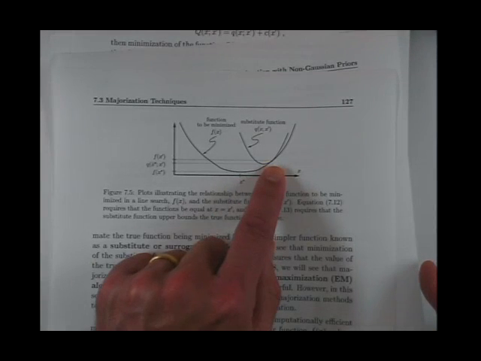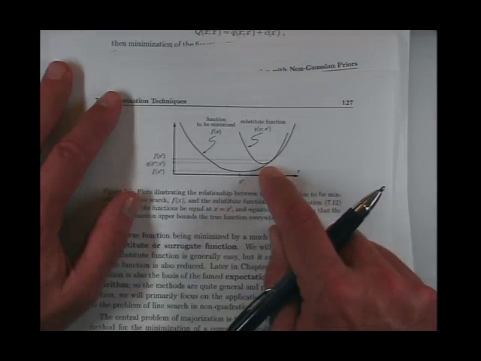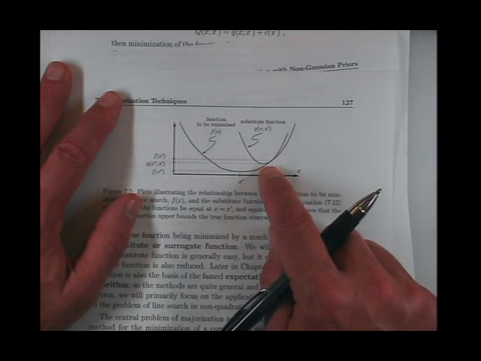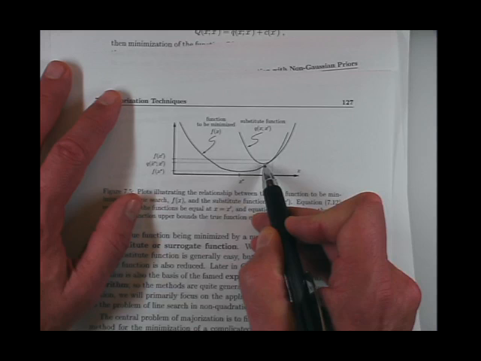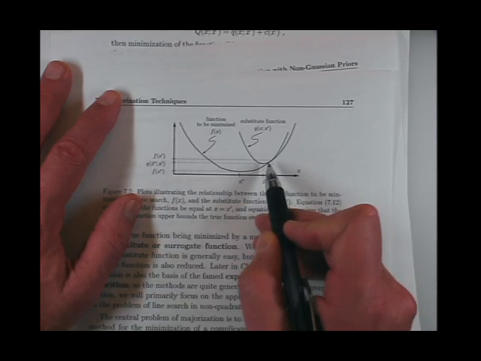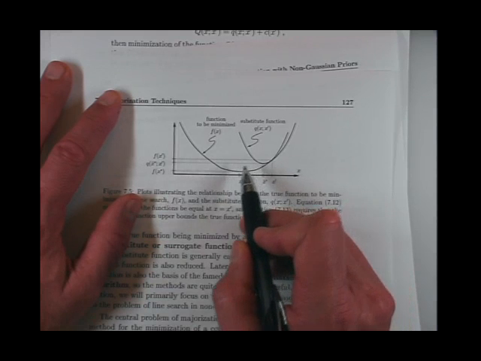But the picture is exactly here. This is the picture, right? That the one function upper bounds the other. Now, if it's not a very tight upper bound, then when you minimize the upper bounding function, you will take only a very small step, and then you'll have to do this update a lot.